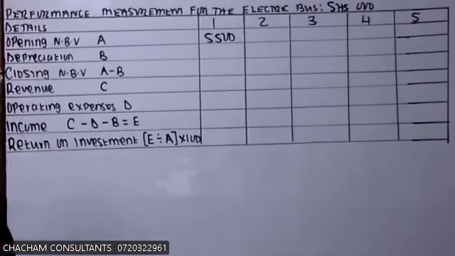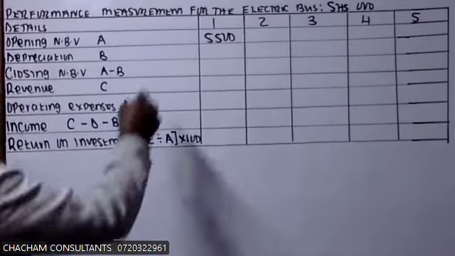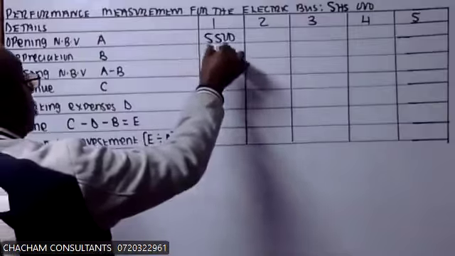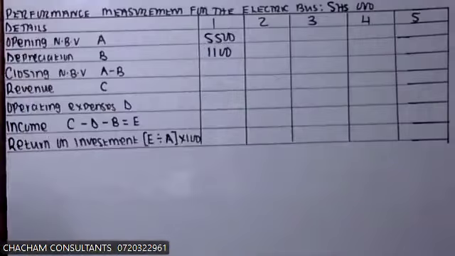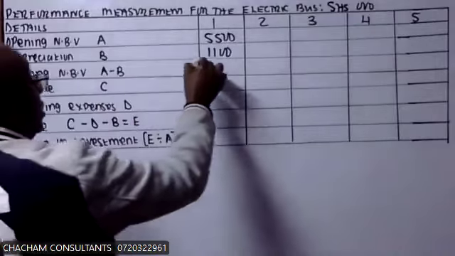Okay. So sasa tukitoa depreciation hapa, niambie tuking'oa hii depreciation, closing na baki ngapi? 4,400.